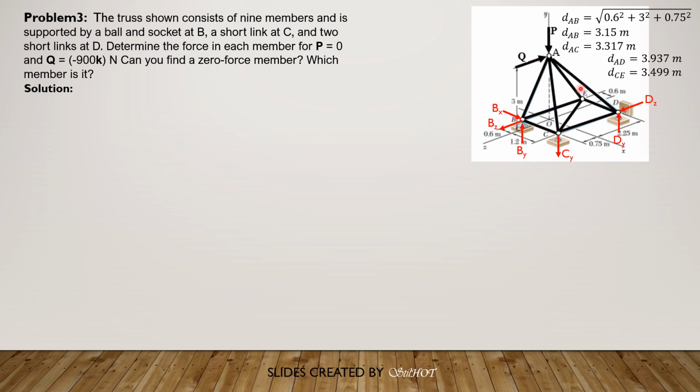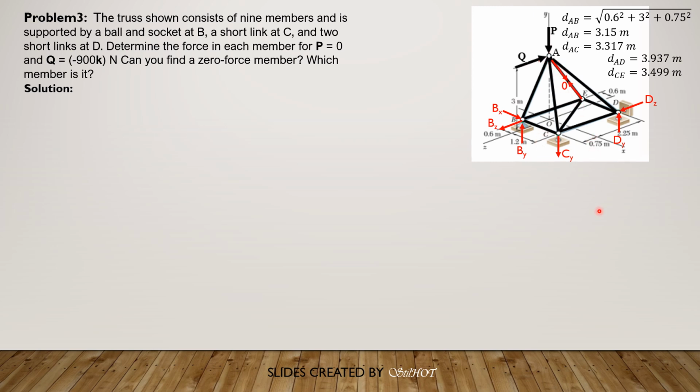Then distance CE is square root of along x is 1.8, so 1.8 square plus along y 0, then along z 3. So square root of 1.8 square plus 3 square is 3.499 meters. So these are the forces.